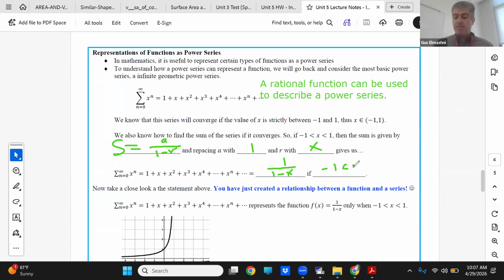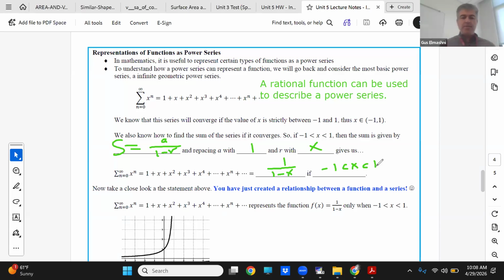Yeah, -1 and 1. Otherwise, the sum can't be found, obviously. Now take a close look at the statement above. You just created a relation between a function and a series. That's kind of a big deal in AP Calculus BC, to be able to do that.